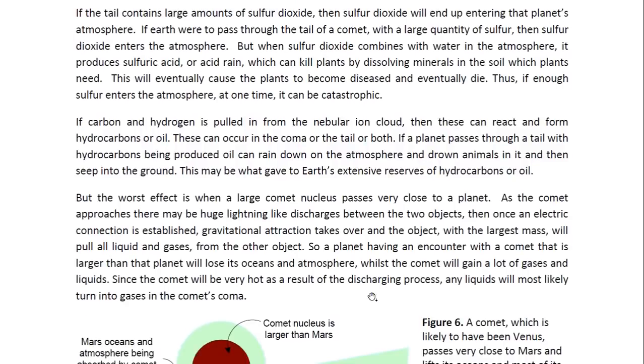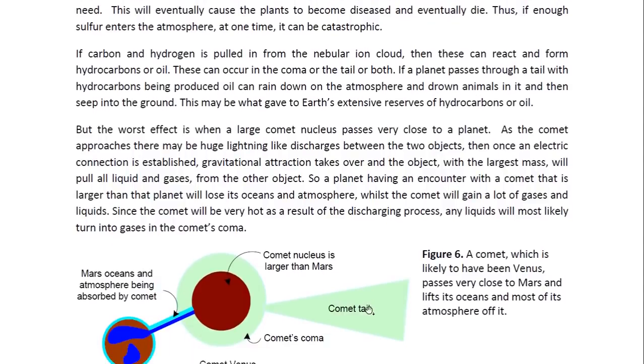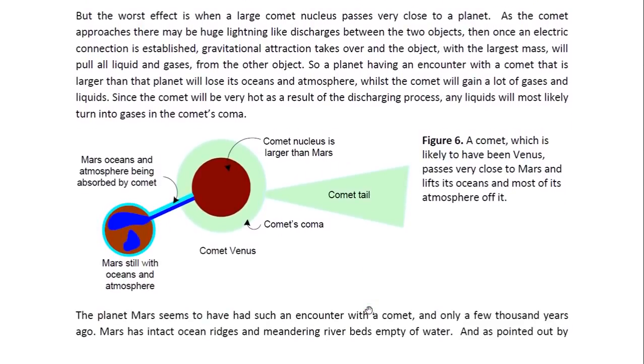So a planet having an encounter with a comet that is larger than that planet will lose its oceans and atmosphere, whilst the comet will gain a lot of gases and liquids. Since the comet will be very hot as a result of this discharging process, any liquids will most likely turn into gases in the comet's coma.